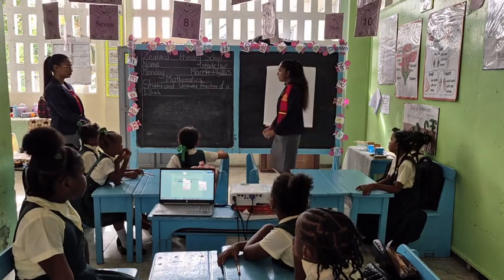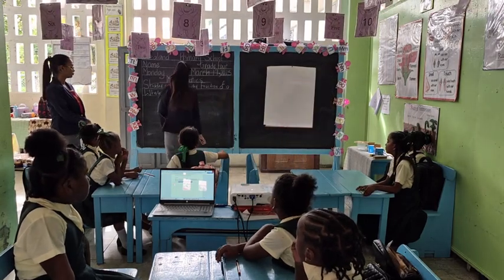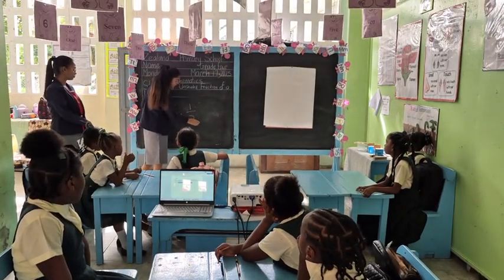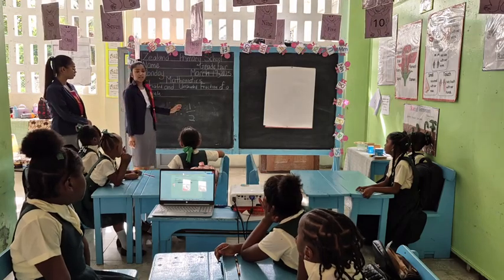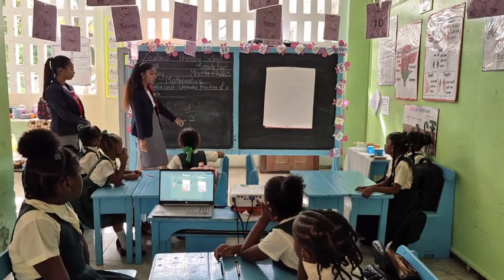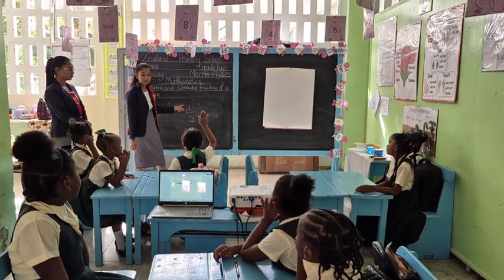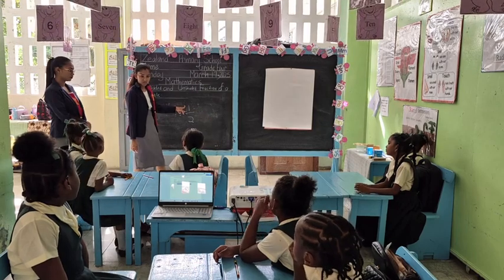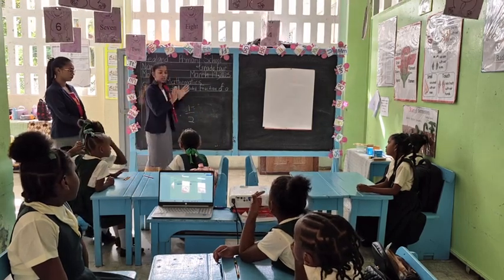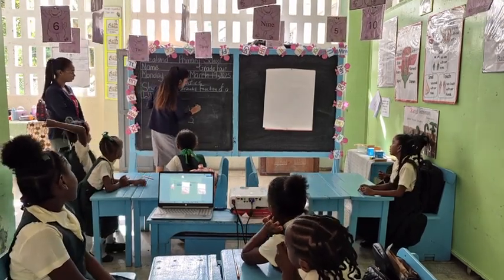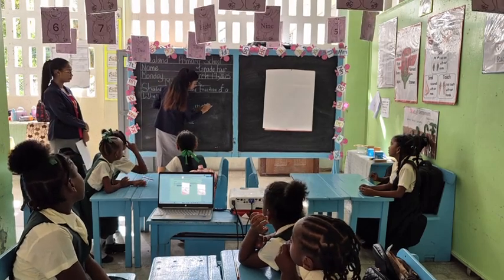So, for the fraction now, say we have 1 over 2, right? There's a name given to the top one and the bottom one. Can anybody say the name given for the top one? Good, very good. Give yourself a round of applause. So the top number is the numerator.